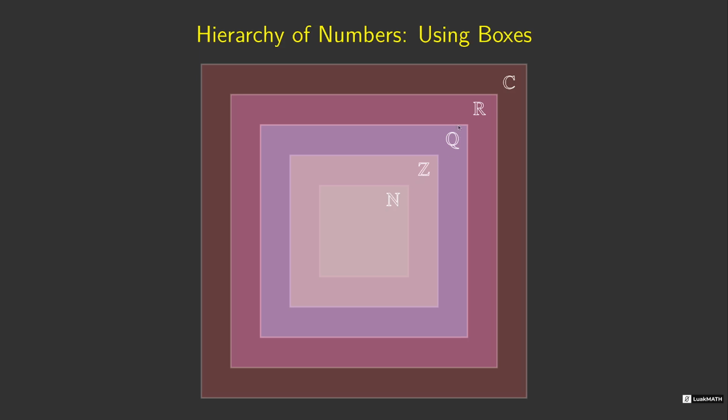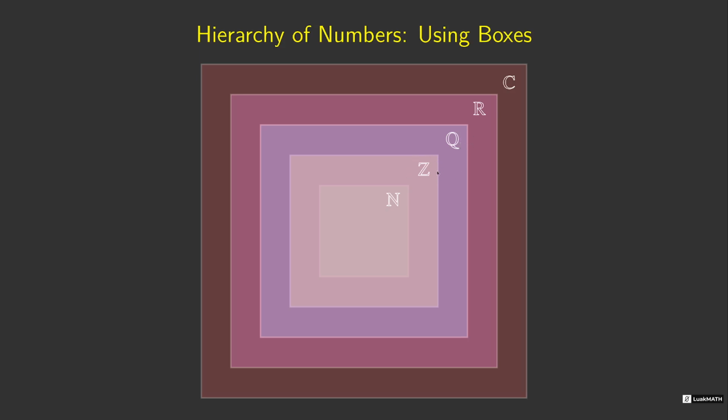Or if you look at Q, inside Q we have N and Z. This tells you that N and Z are actually a subset of Q, which means that all integers are actually rational numbers. The same with R. And so this tells you that Q, or all rational numbers, are actually real numbers.